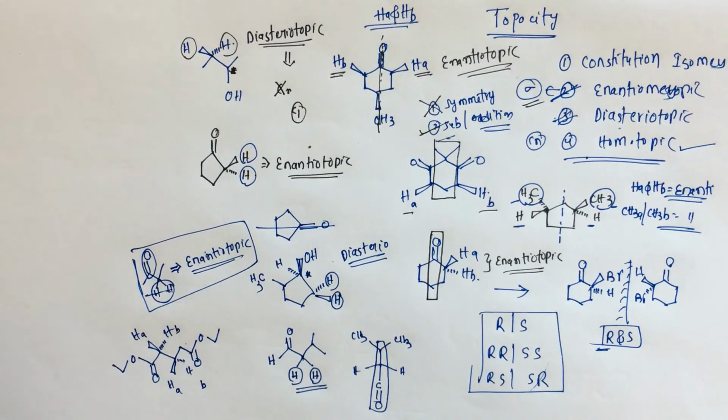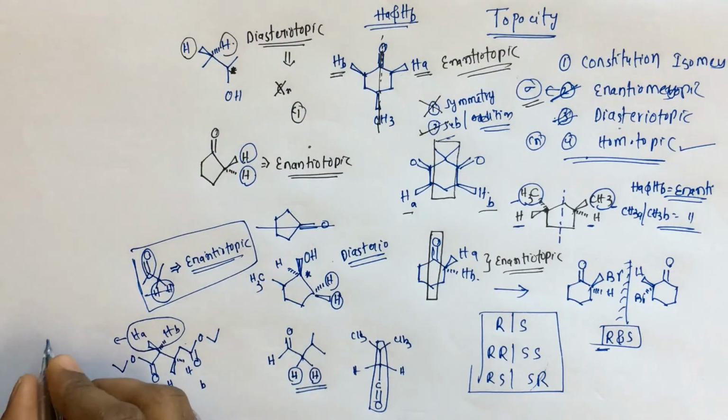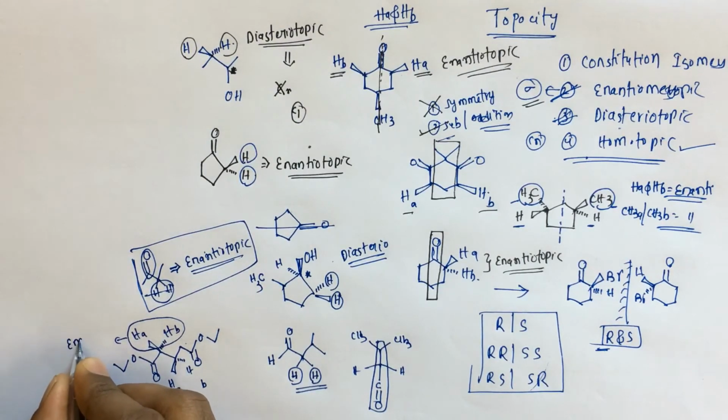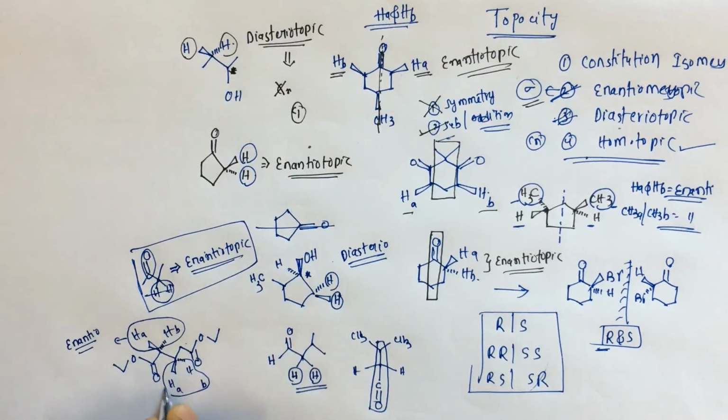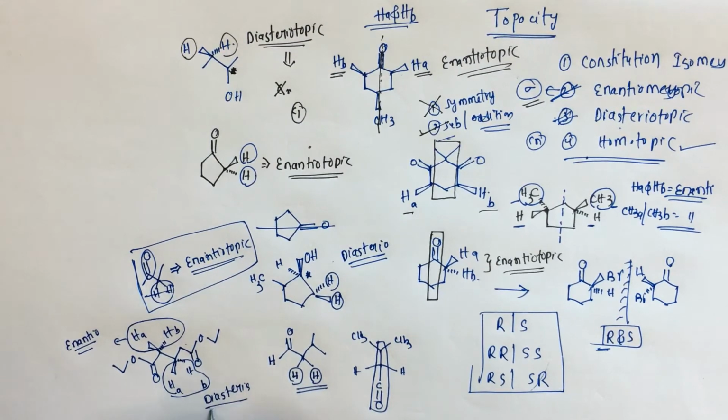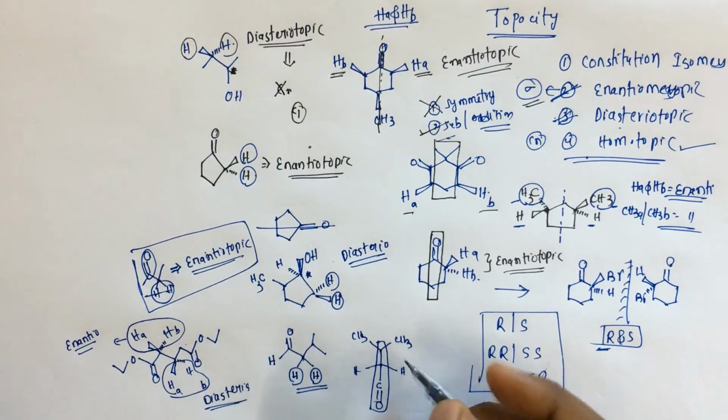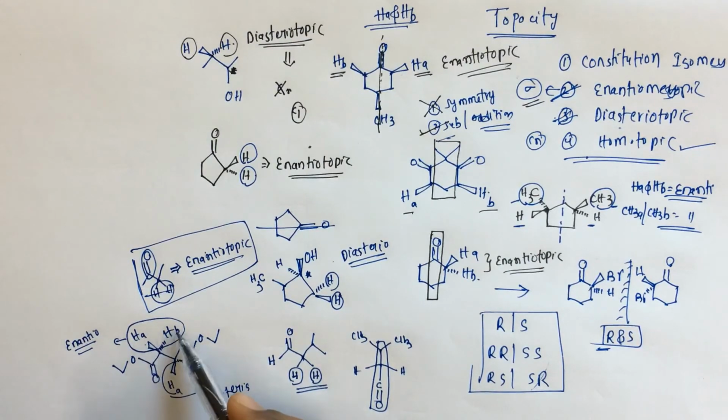So here this one shows an enantiotopic relationship, and these two hydrogens show a diastereotopic relationship. So here also you can just follow this method. You will see the plane of symmetry for these two hydrogens. For these two hydrogens you will not see any kind of symmetry.